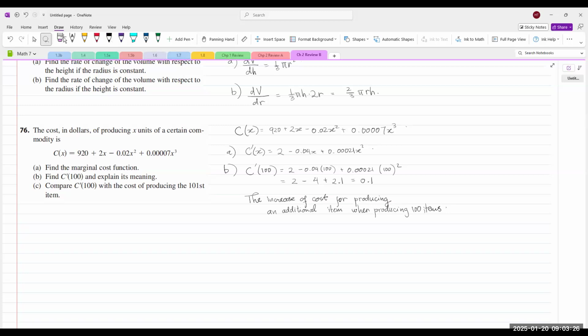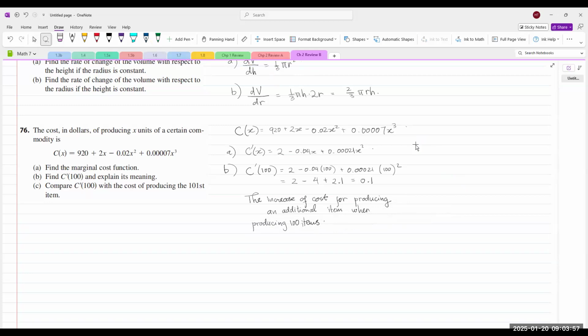Let's say right now we already produce 100 items and then somebody asks, can you make one more for me? Of course, producing that one more item requires extra cost, right? Now that extra cost is not only the cost for producing that one item, but additional to the cost that we already have. How to say that?